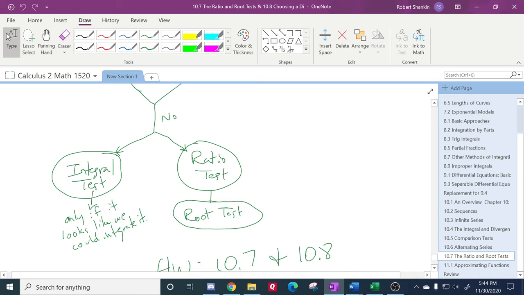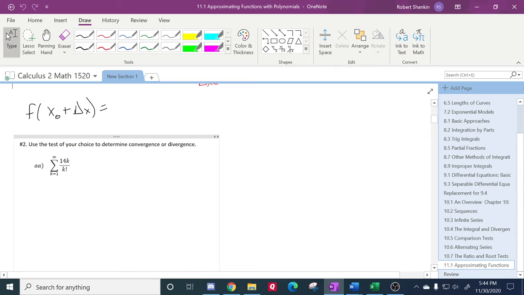Usually we do the ratio test first. Alright, so that's how I kind of got to the ratio test. So I state the name of my test. And if I have trouble getting oriented on any problem, I write out the first 3 or 4 terms of the series.